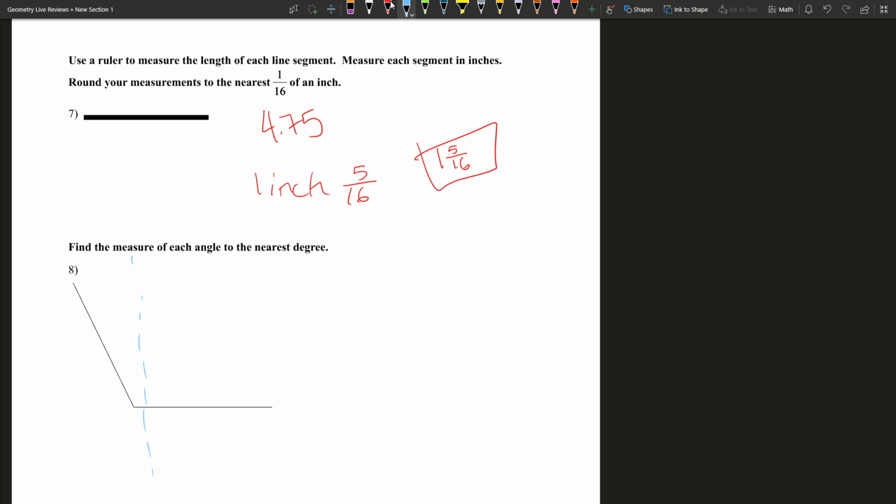So on a protractor, if our line is this, that is greater than 90 degrees. So we're taking the larger of the two numbers over here. Okay. If it's smaller than 90 degrees, we're taking the smaller of the two. So if it's greater than a right angle, you're taking the bigger. If it's smaller than a right angle, you're taking the smaller.